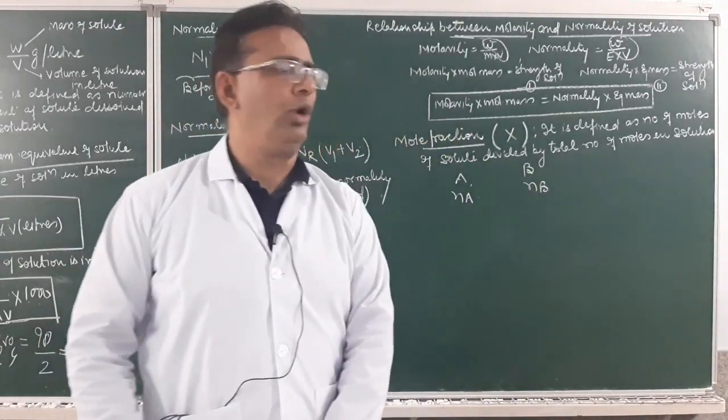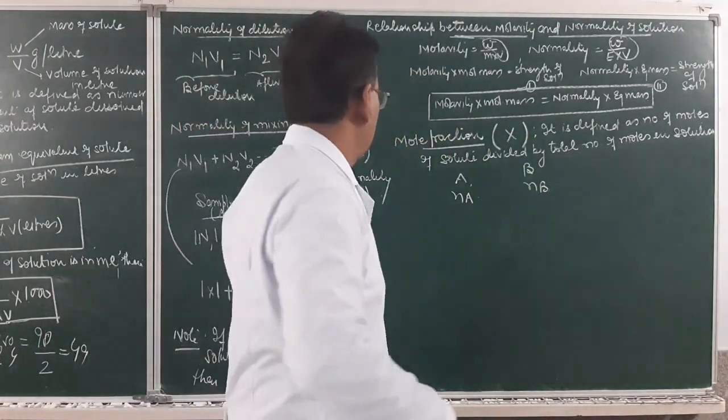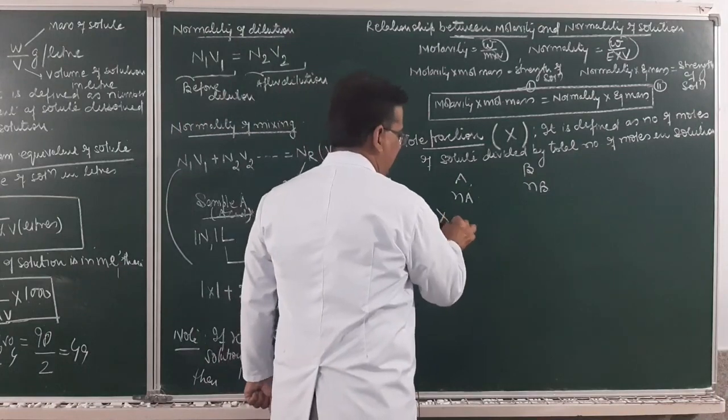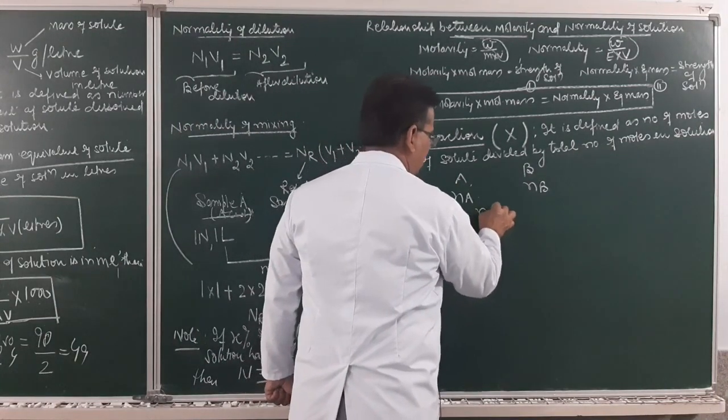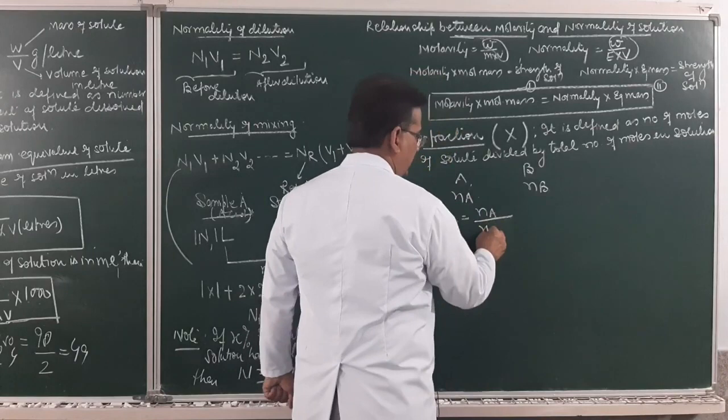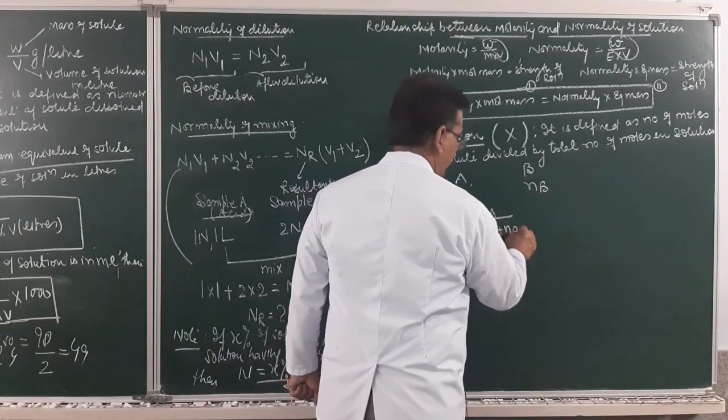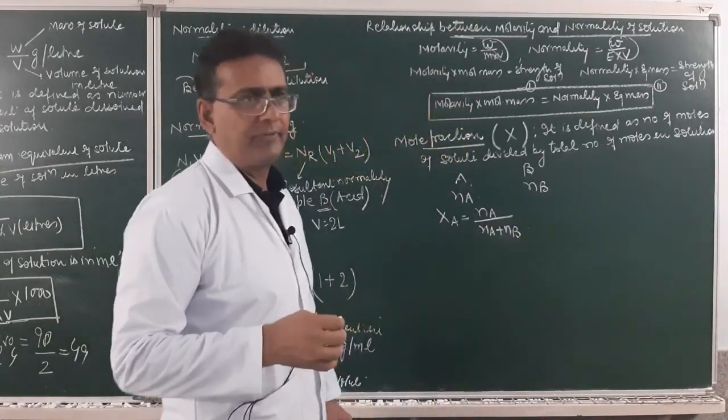If I find out the mole fraction of A, it will be equal to the number of moles of A divided by the number of moles of A plus the number of moles of B. Am I clear?